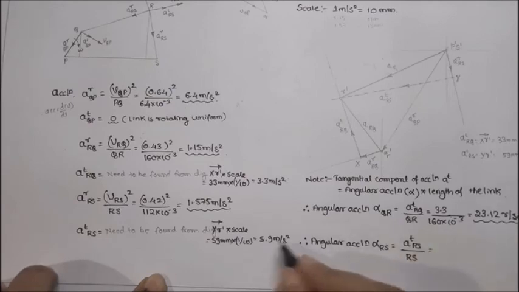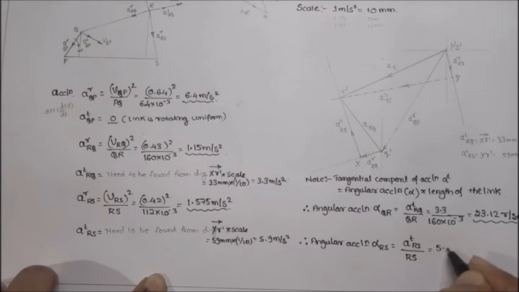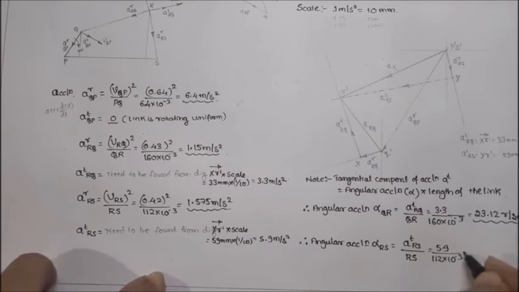We got the value as 5.9, divided by the length of the link RS, 112 mm, that is 112 into 10 to the power minus 3.